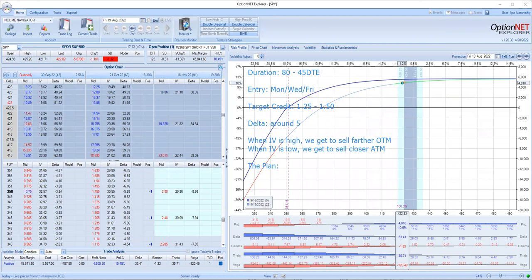I'm showing in the portfolio margin account selling a 345. I already have a 345. Let's look at a 348, right? 348 is currently going for about $1.37 credit.